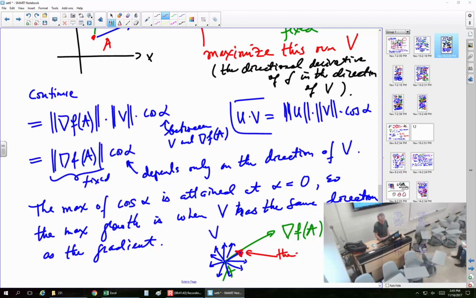This one is the best. It doesn't say anything about the magnitude of v because the magnitude of v is 1 anyway. So we're only saying that the direction should be chosen to coincide with the direction of the gradient in order for us to maximize, at that location, the fastest growth.